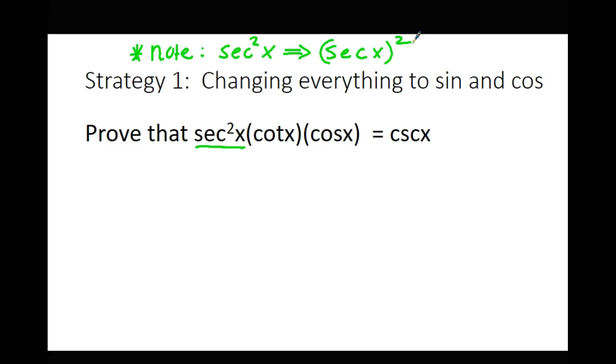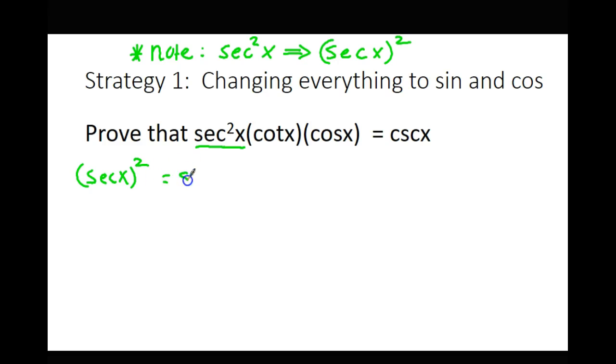Whenever you square a trig function, a trig ratio, you put the square after the trig ratio. You don't put it after the variable. The reason you don't do that is because that makes it look like this. Like what we mean, don't write this part, but what we mean to say is we're squaring the whole thing, secant x.